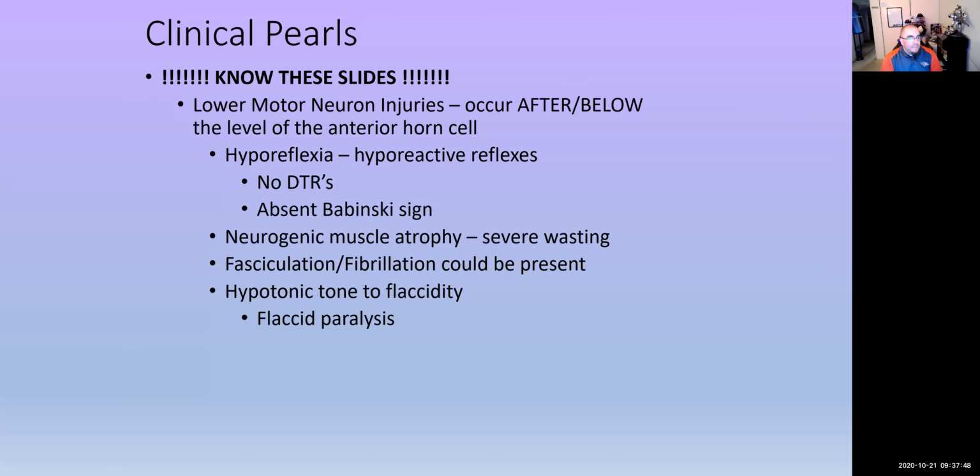That's residual signal creeping out there and causing the muscle to twitch, and then it stops. They're not actively doing anything. It just means for whatever reason the signal's getting there, but it's not a complete signal. They will become hypotonic to flaccidity, and usually will lead to flaccid paralysis.